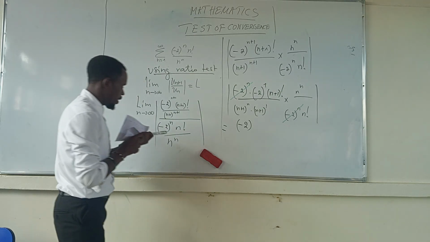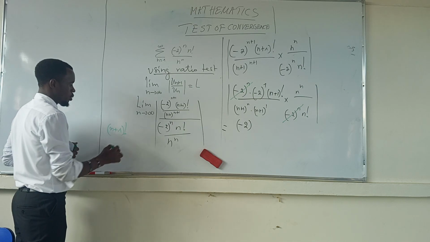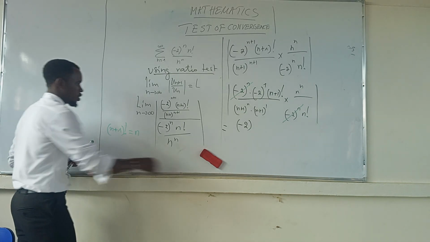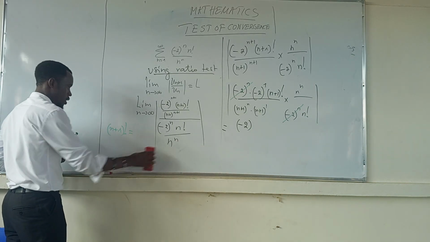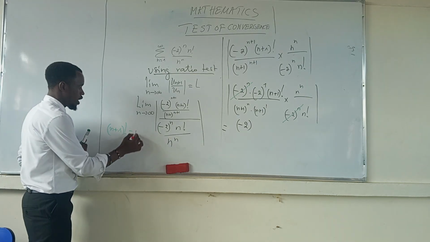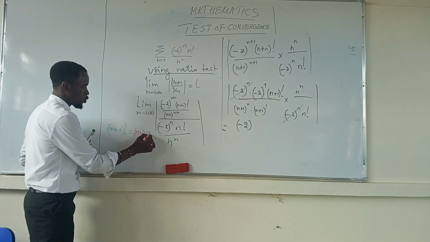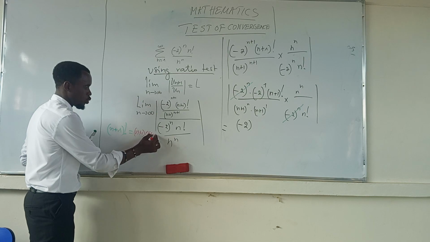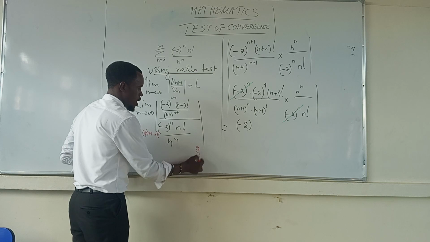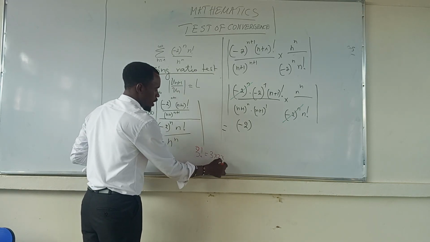Let's come to this one. When I'm having n plus 1 factorial, this is equal to n plus 1 times n plus 1 minus 1 factorial, by remembering that if I'm having 3 factorial, this is equal to 3 times 2 times 1.